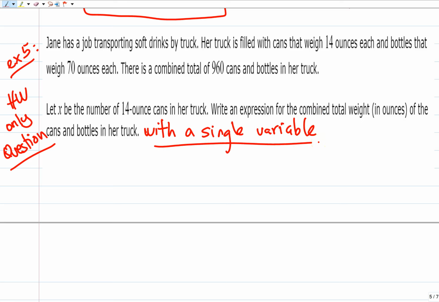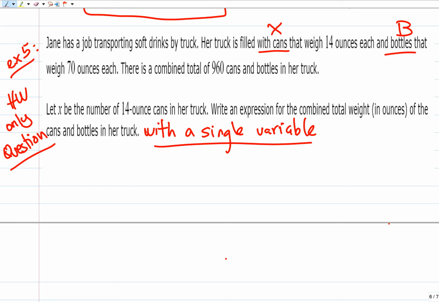Okay. We have two things. We have cans and we have bottles. They already told us to call the cans what? Good. So what should we call the bottles? Sure. Why not? Right? So X is the number of cans, and B is the number of bottles.